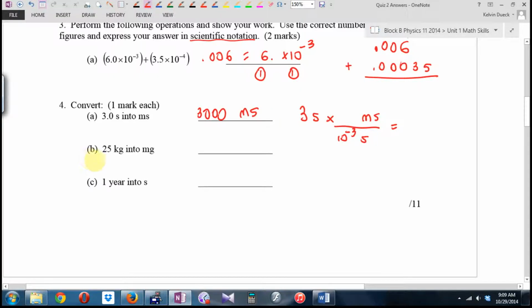25 kilograms into milligrams. Okay. 25 kilograms. This is going to be a 2-stepper. I'm going to go from kilograms to grams to milligrams. Kilograms cancel. Grams, and that's 1,000, or 10 to the 3rd, times grams cancel. Milligrams. Oh, I just did milli. That's a 10 to the negative 3, just like before.